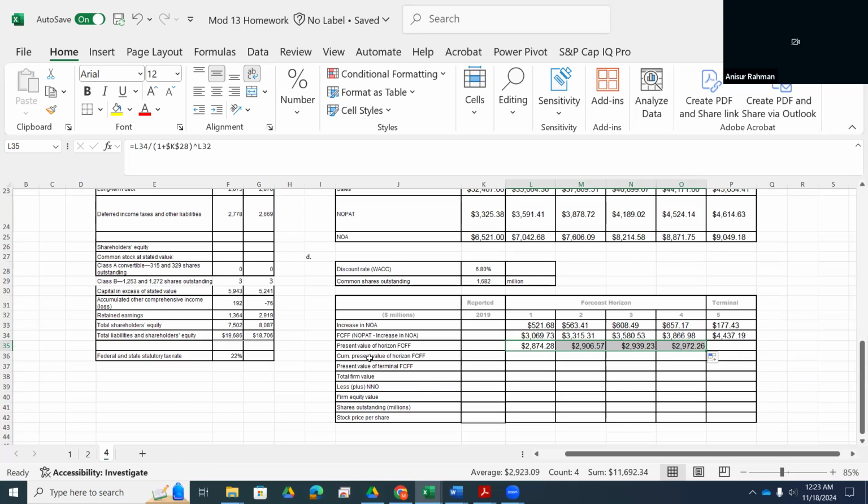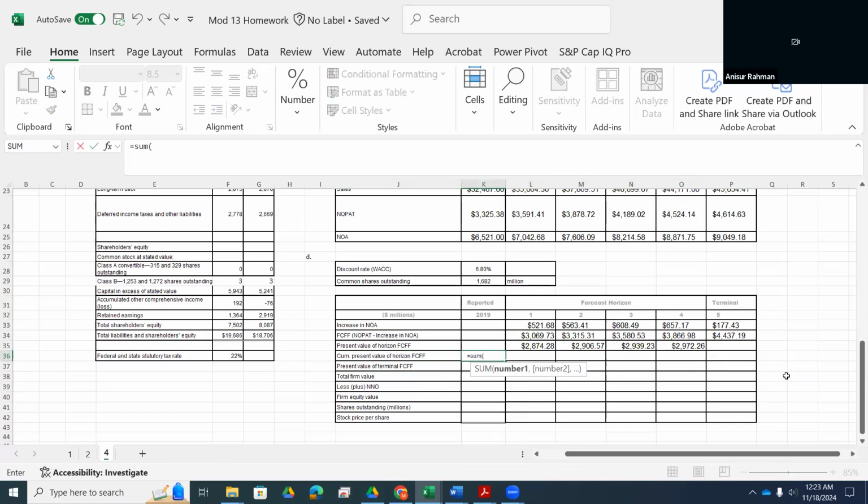So cumulative present value, this will be the sum of all horizon up to year 4, free cash flow. And then present value of terminal free cash flow.